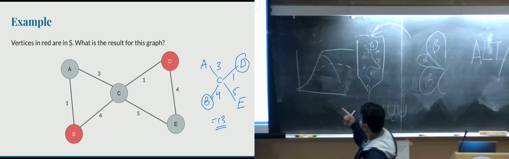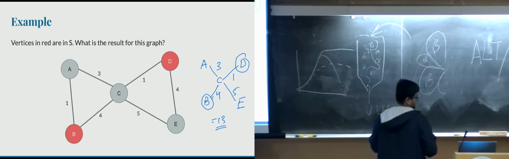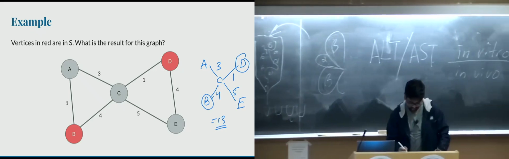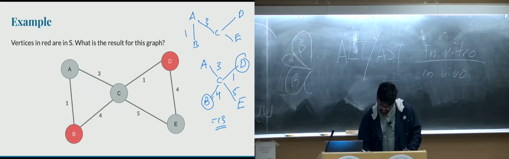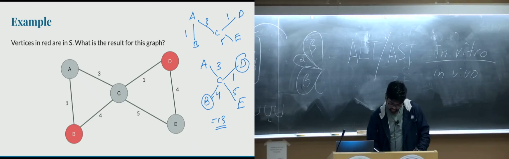Replace BC with, okay, let's try that. So you are saying something like this, and then C, D and E. What is the sum in this case? It's 10, right?